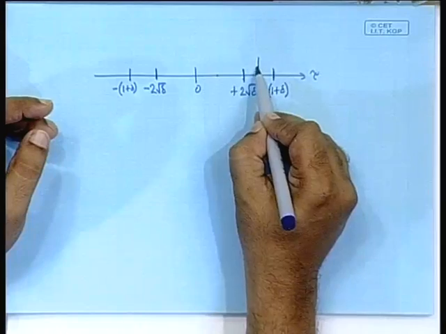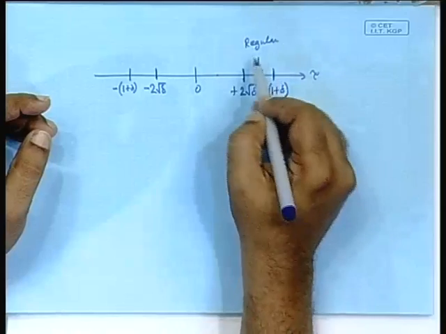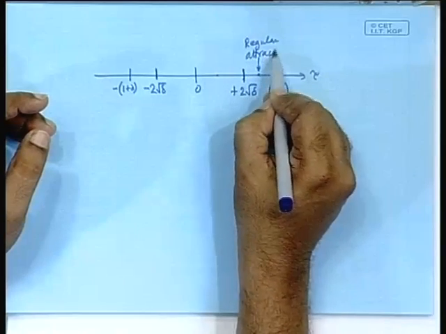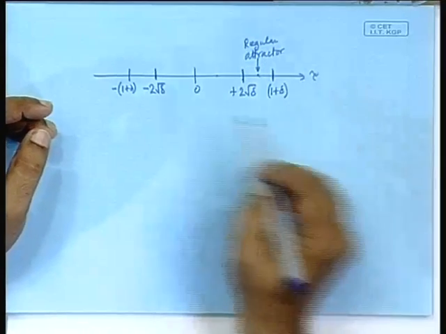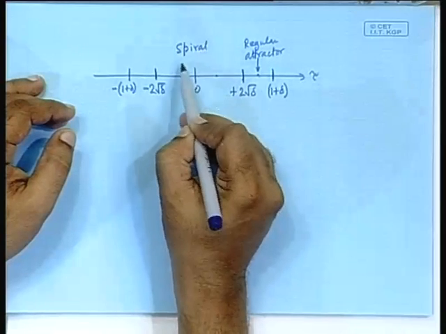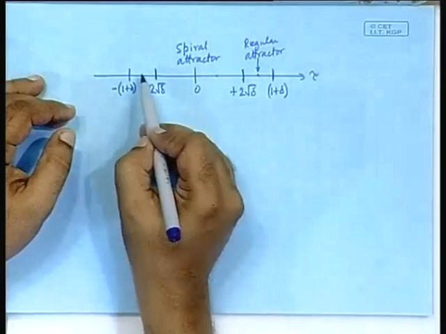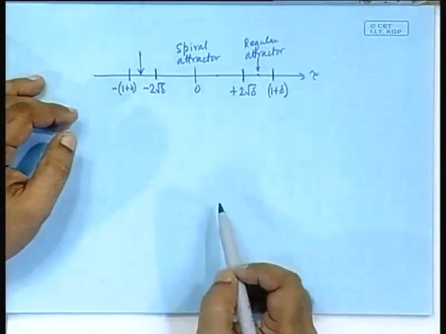So, in this part I will say regular attractor. In this part I would say spiral attractor. In this part I would say, what is it?